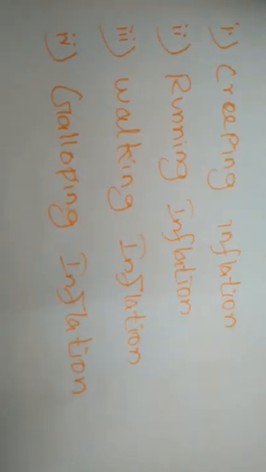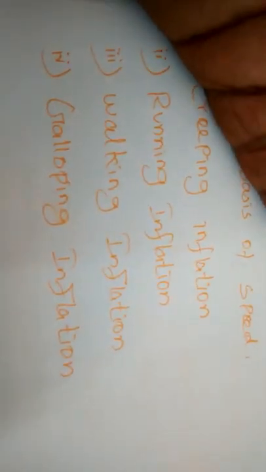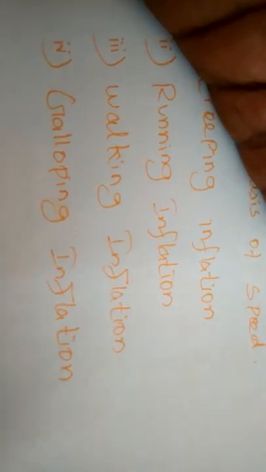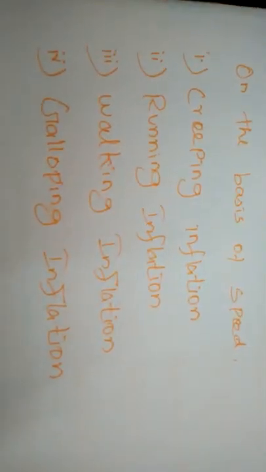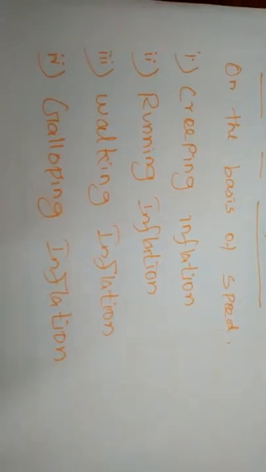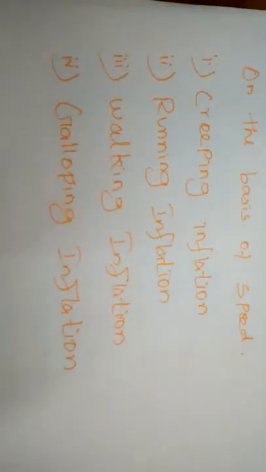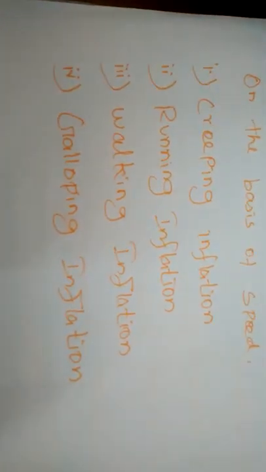Now the price of one pen is 10 rupees, and after 2 months the pen will cost 100 rupees. This is called galloping or hyperinflation. This type of inflation totally spoils the whole economy, and in these situations people cannot live in our society.